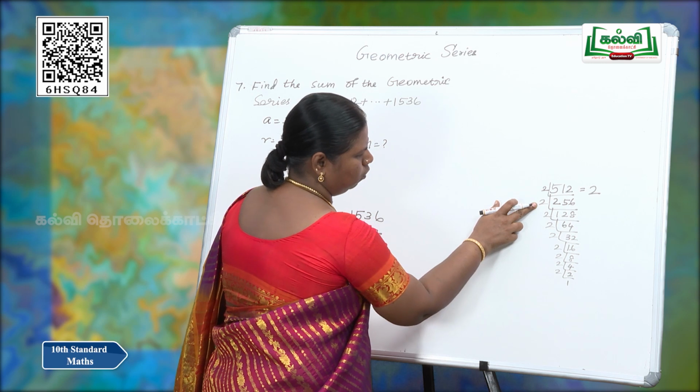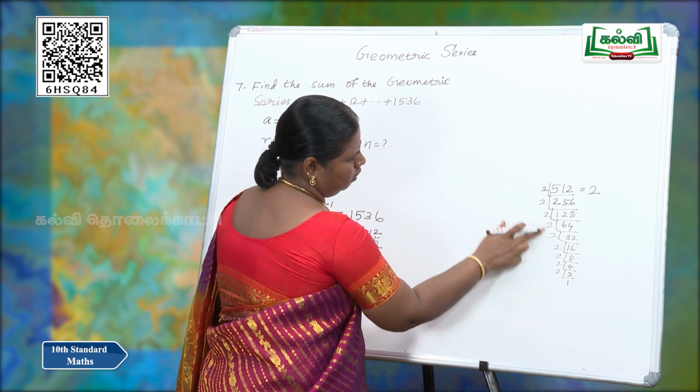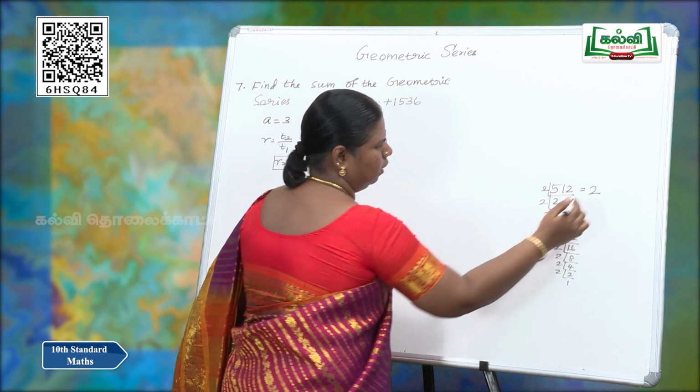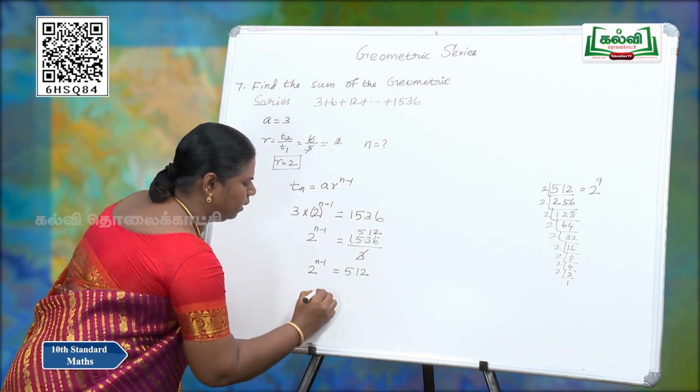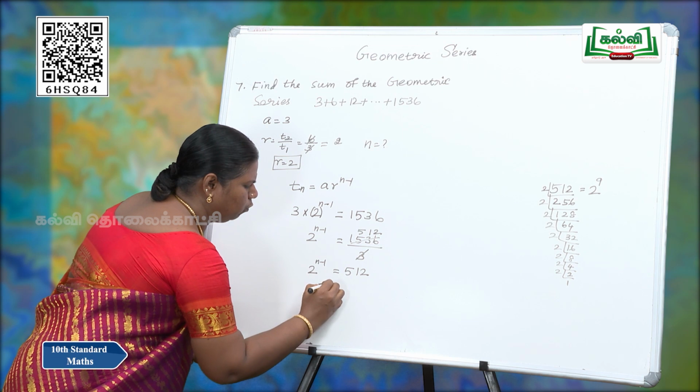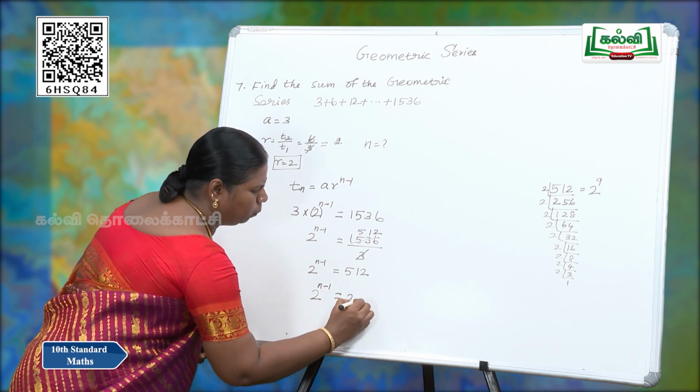So, 2, 4, 6, 8, 9, that is 2 power 9. 512 can be written in the powers of 2 as 2 power 9.